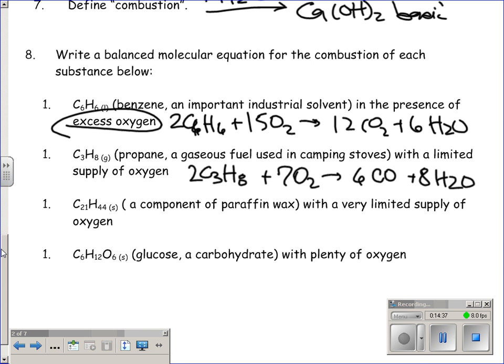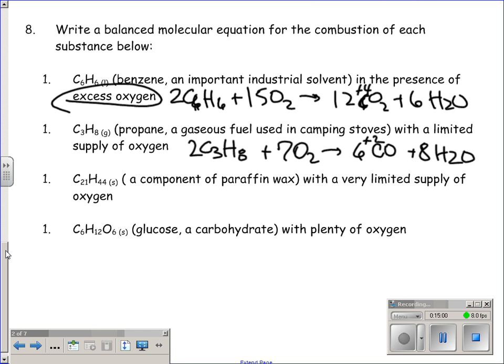Because it isn't able to react completely since the oxygen is limited. So it wasn't able to oxidize completely? Because here our oxidation state of carbon is what? Here, 4 plus. Here, 2 plus. So it hasn't lost its maximum number of electrons. That's why it wasn't completely able to oxidize.